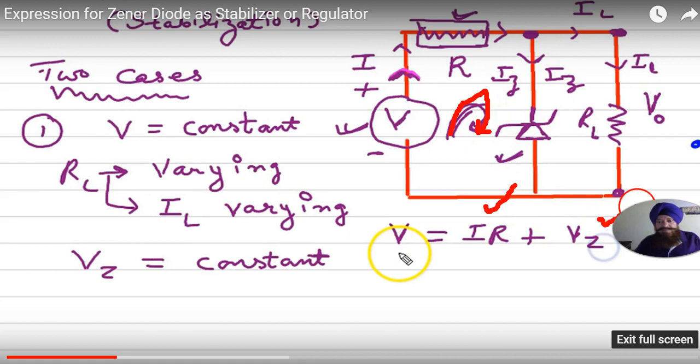It is equal to Vz. So V is divided into this part and here across the Zener. So V is equal to IR plus Vz.